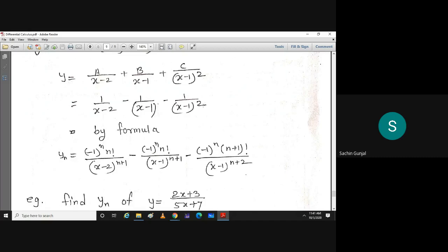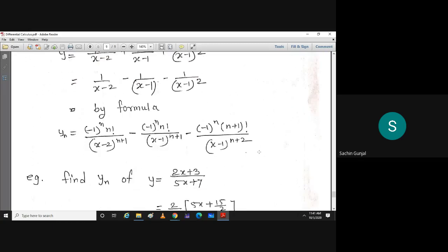Note that here it is 2. So therefore this minus as it is, minus 1 raised to n, n plus 1 factorial upon x minus 1 raised to n plus 2. You know the direct formula for 1 upon x plus b raised to m, where m is 2. That formula you can use here.